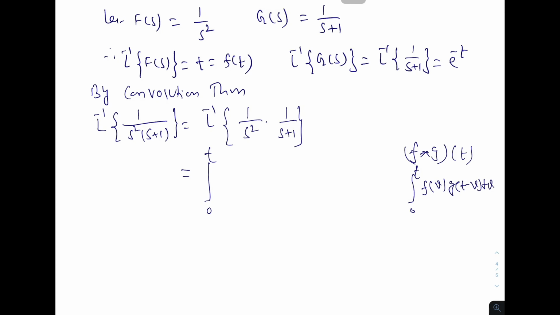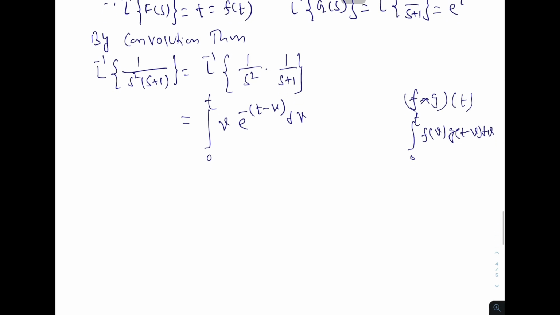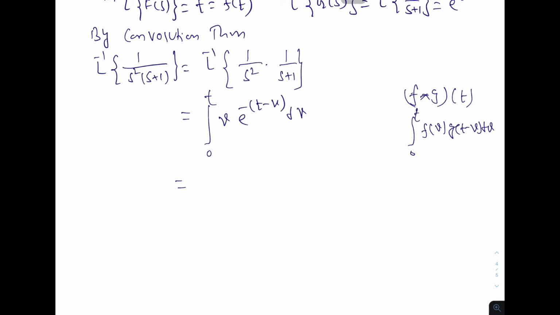That is nothing but v e to the power minus (t minus v) dv. So we can take e to the power minus t outside, because our integration is with respect to v.